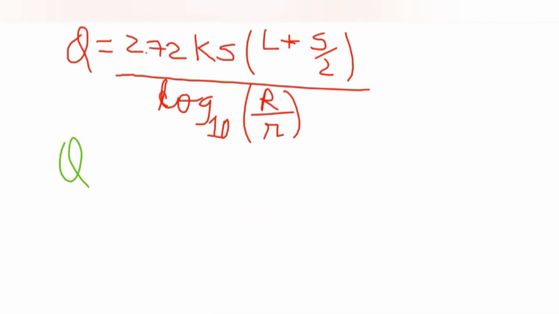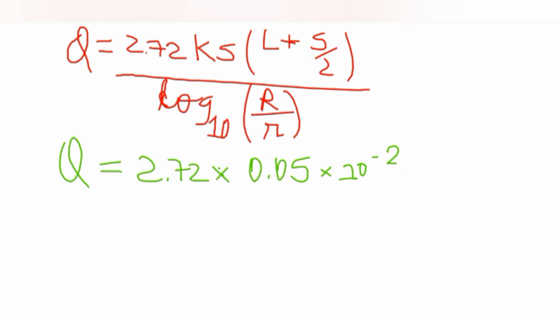So Q is equal to 2.72 into K. K is 0.05 into 10 raised to minus 2. S is 3.